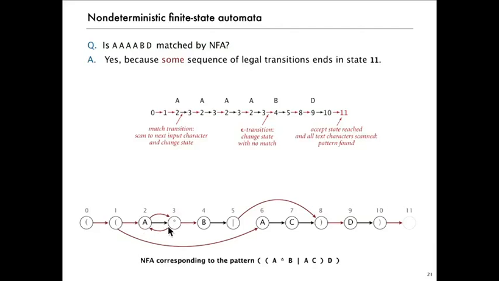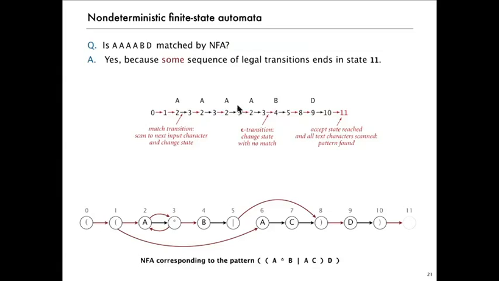And then at that point, we'll decide to take this epsilon transition. We'll assume the machine decides to take this one. Then it recognizes the B and moves to state 5. And then at state 5, it has no place to go but to state 8, and then takes the epsilon transition to state 9 and recognizes the D. That takes it out to 10 and 11.